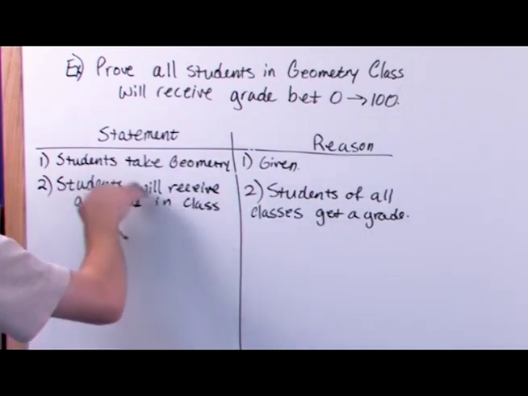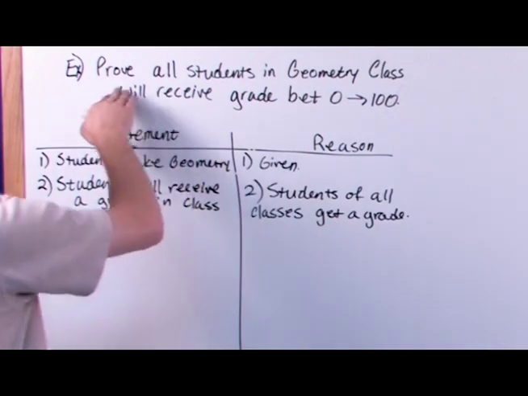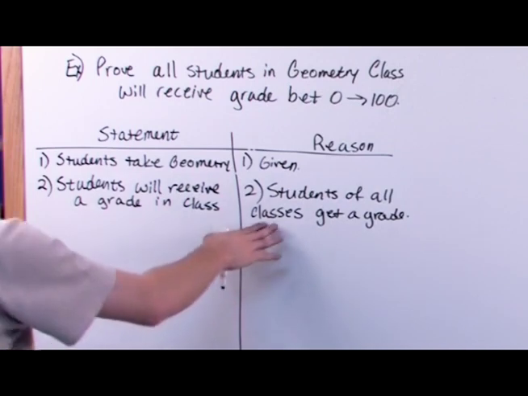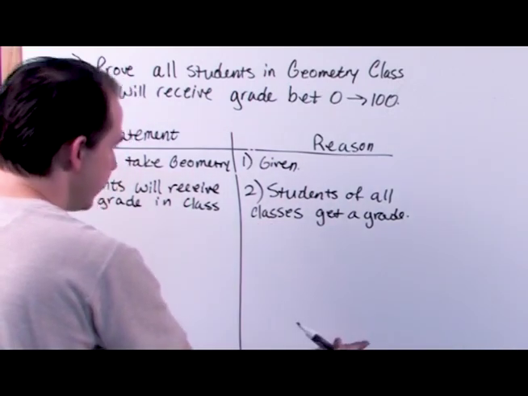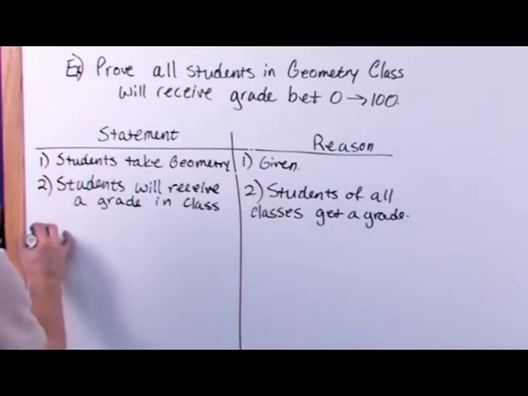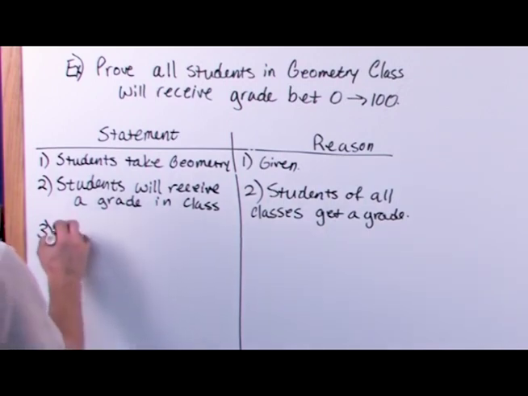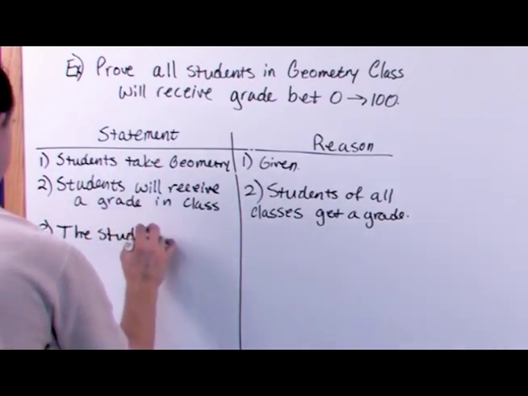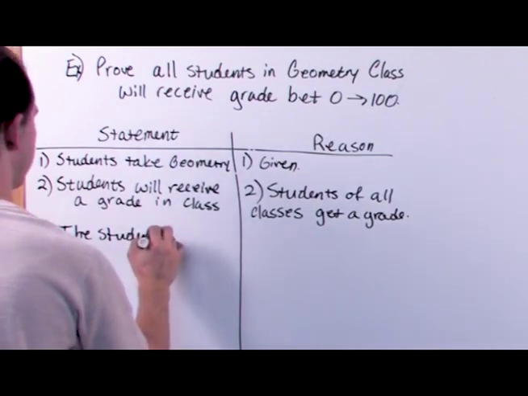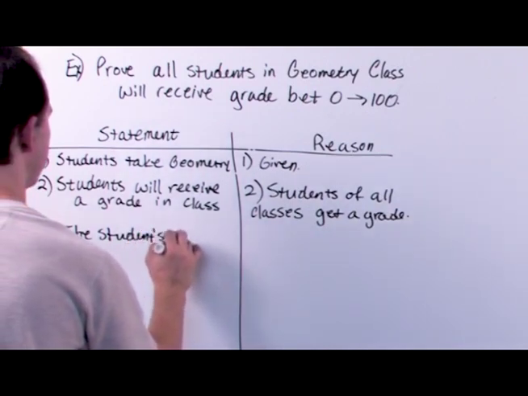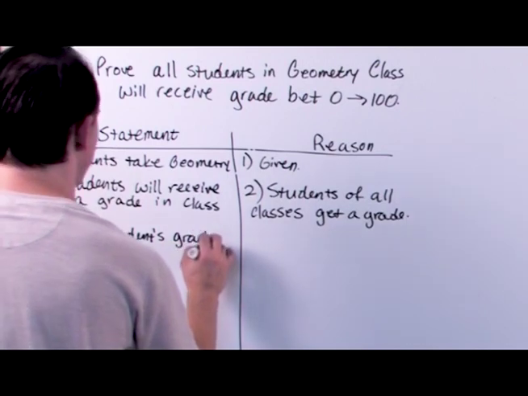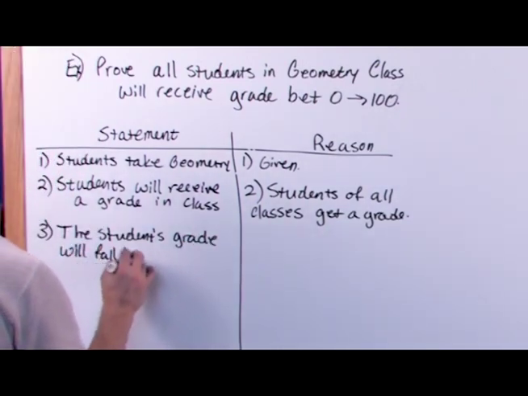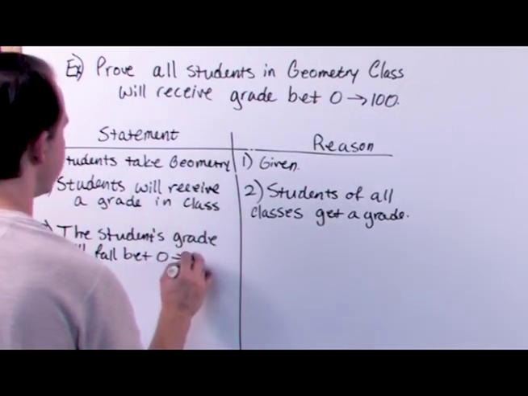So first we're proving that the students will actually get a grade. And by the way, we're supposed to prove that they'll get a grade between this range and this range. And we're just saying that this is true because all students get a grade that take a class, okay? And this is just a truth. The student's grade will fall between 0 and 100.